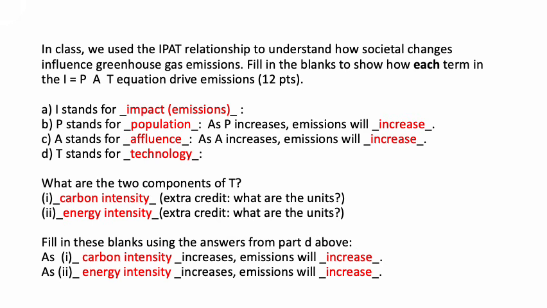So the units of carbon intensity are the amount of CO2 per unit of energy required to produce something. And the energy intensity is the amount of energy required per unit of wealth.